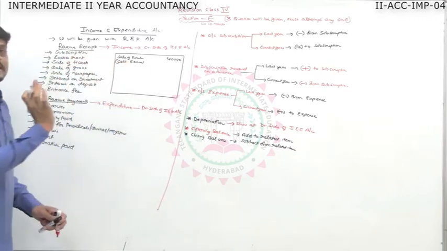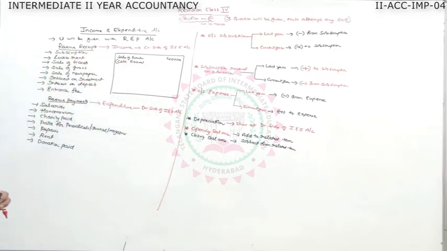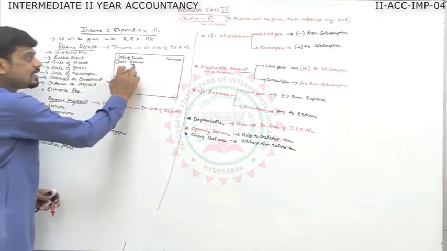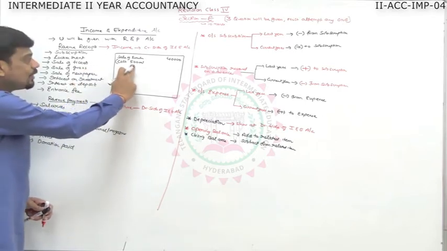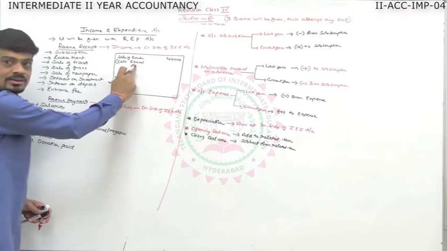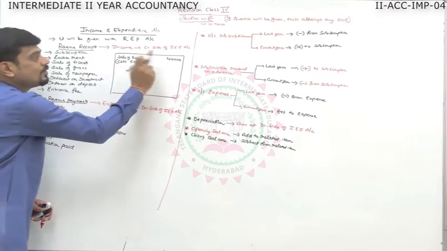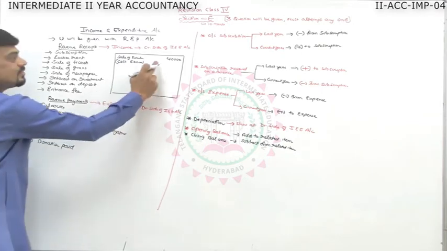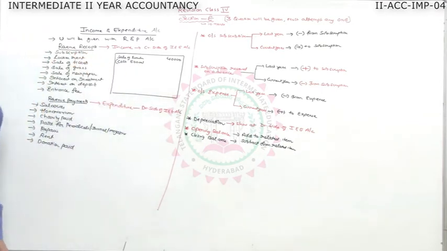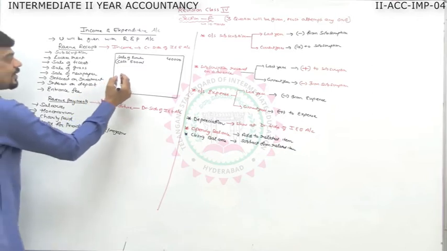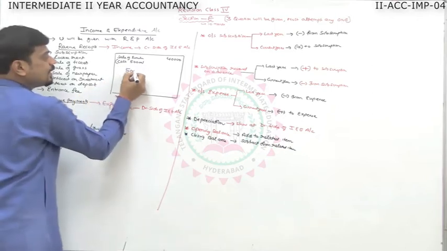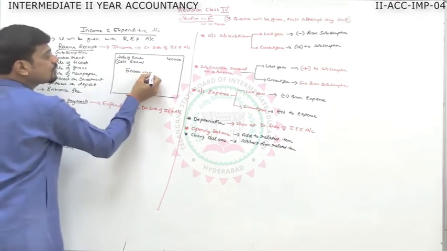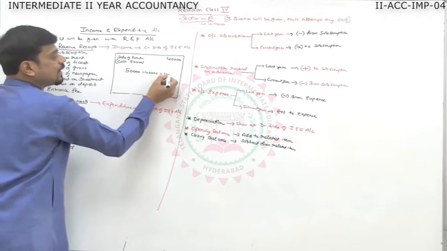Actually, furniture is a capital item, so we will not take it, right? But now, since he gave the cost, what will we do? We'll see what the cost was: 50,000. But we sold it for how much? 40,000. So the difference is 10,000. Here I am writing 50,000 cost minus 40,000, 10,000.